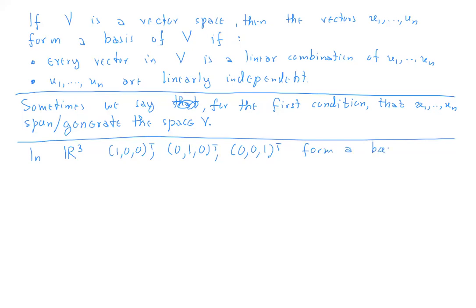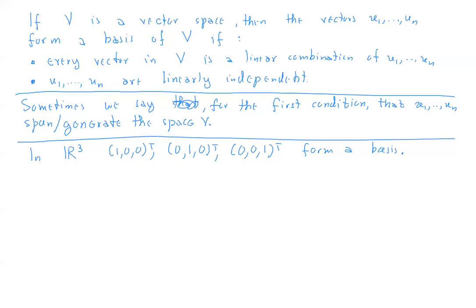Please remember that these vectors were heavily used in Calc 3, where we even had special names for them. Do you remember what their names were? Remember, we called them i, j, and k. So these were the vectors i, j, and k. They form a basis.